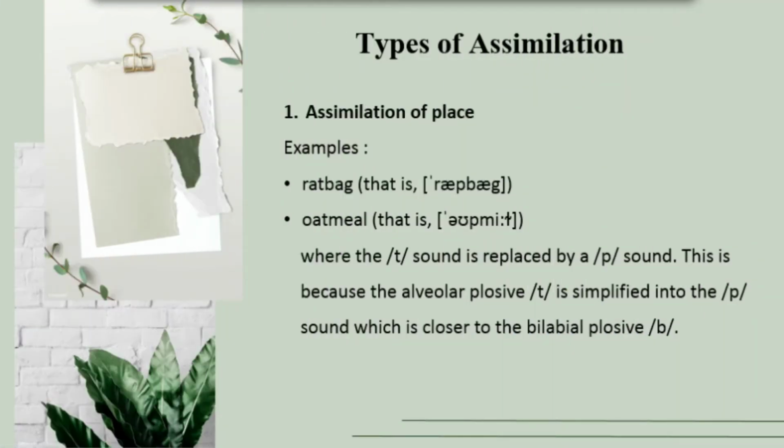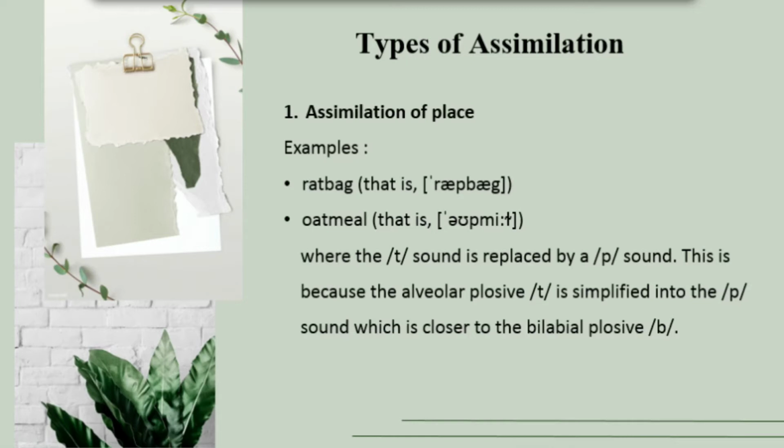Well, the first type of assimilation is assimilation of place. The examples are breadbag or oatmeal. To read this word, the T sound is replaced by a P sound.